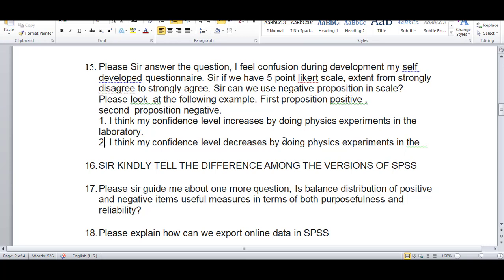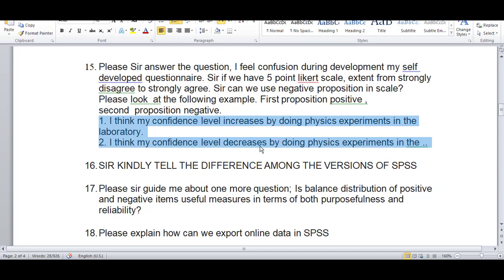So if this question is very important and it is a core of your research or instrument, then you may ask in this way, because if you feel that participants click without reading, you may ask the same item positively and negatively just to validate whether participants click with understanding or without understanding.